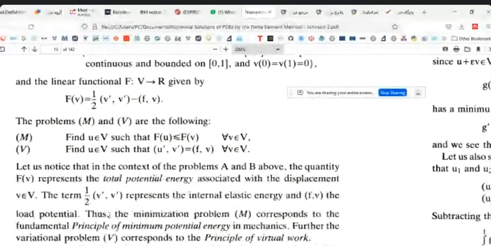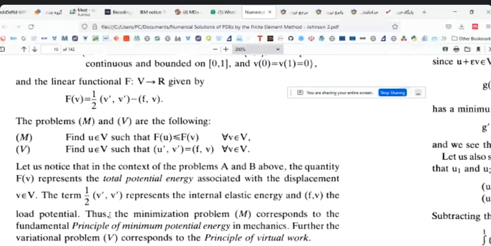Let us notice that in the context of problems A and B above, the quantity F represents the total potential energy associated with the displacements V, and the term half of the inner product of V prime and V prime represents the internal elastic energy, and the inner product of F and V represents the load potential.